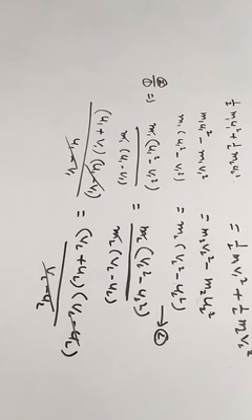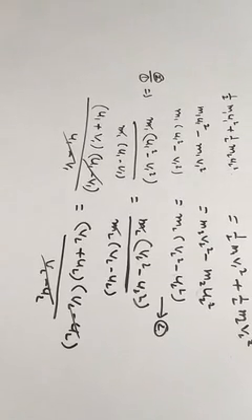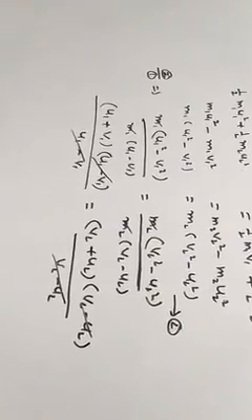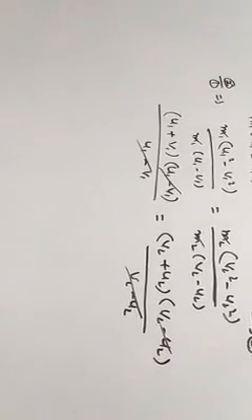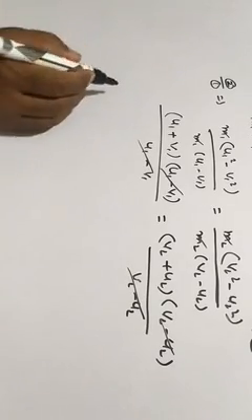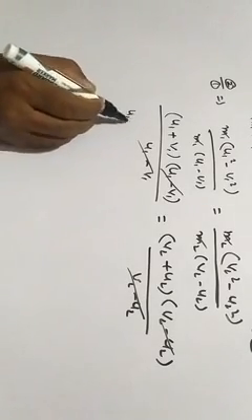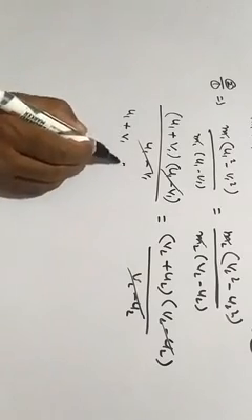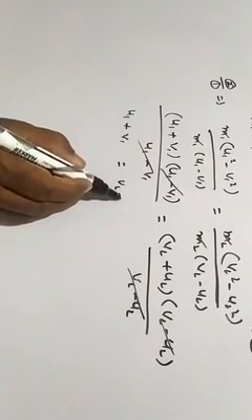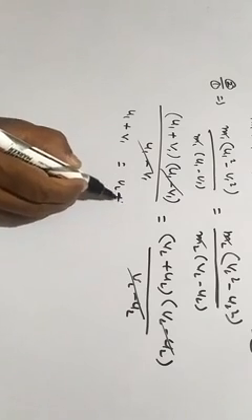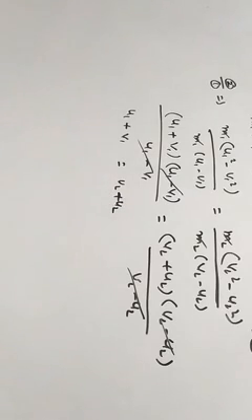The remaining thing is u1 plus v1 is equal to v2 plus u2. So this is one important thing.